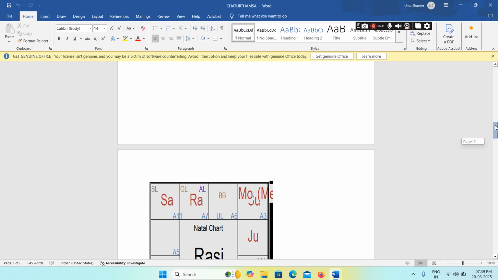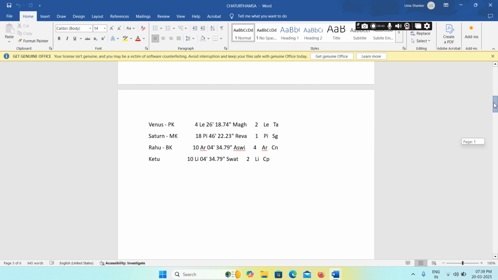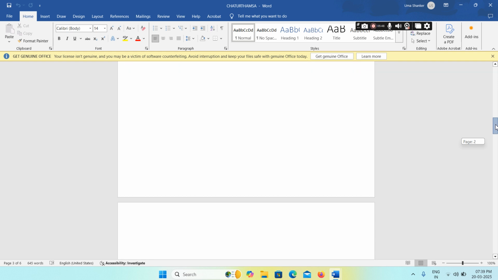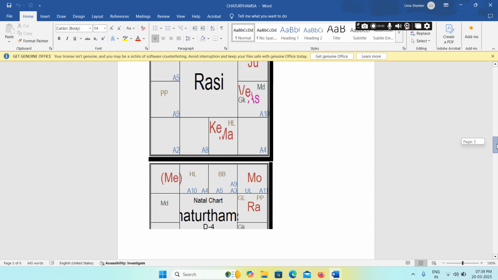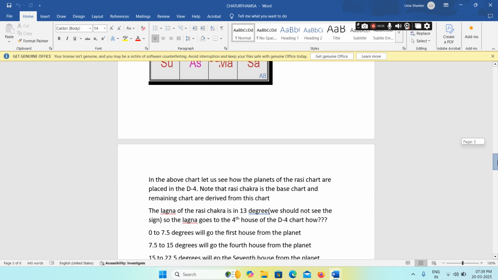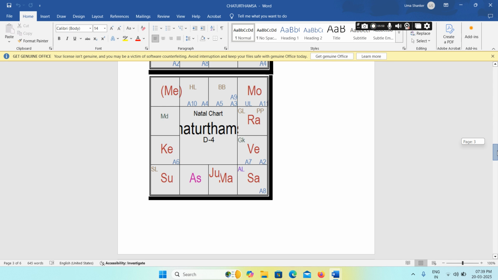Let us take Venus, which is in the lagna of the Rashi Chakra. It is at 4 degrees. So where is it falling? It is falling in the first part of the D4, that is 0 to 7.5.